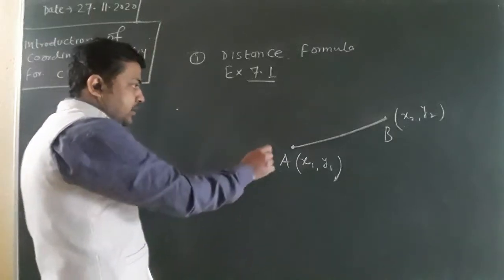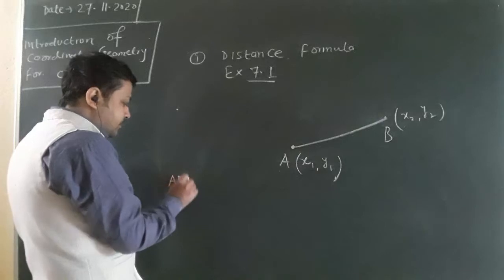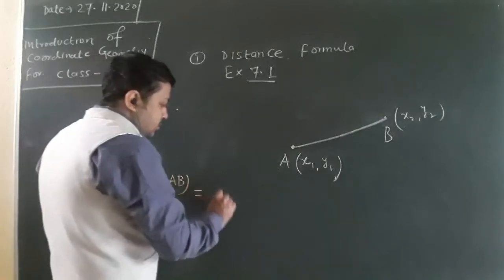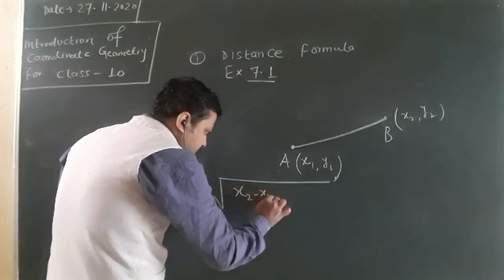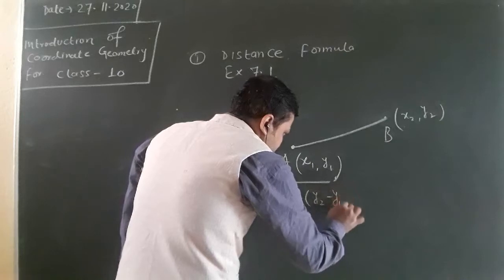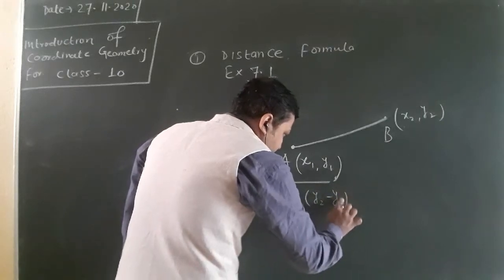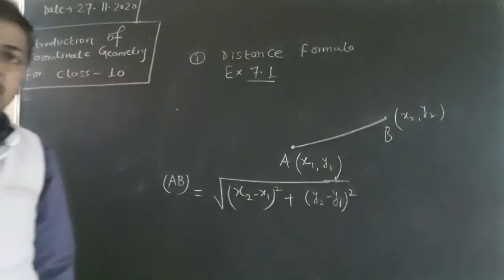The distance formula basically says that AB is equal to the square root of (x2 minus x1) whole square plus (y2 minus y1) whole square. This is the formula written in the book, or you can prove it.